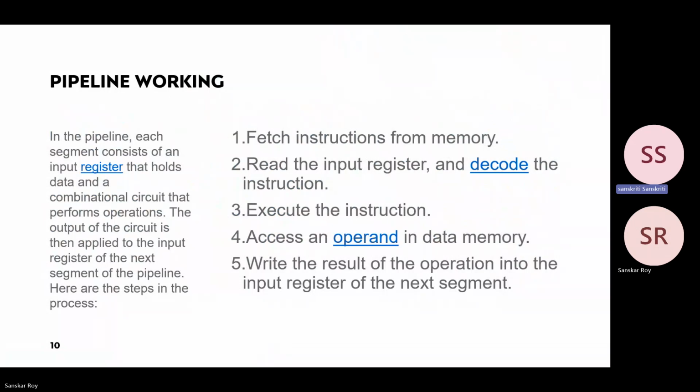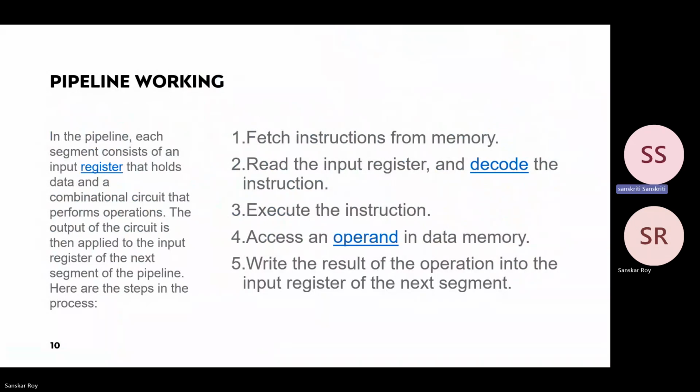Firstly, we are going to fetch the instruction from memory. Second, after fetching the instruction, we will decode the instruction. Third, after decoding, we'll execute the instruction. Then after that, access an operand in data memory.